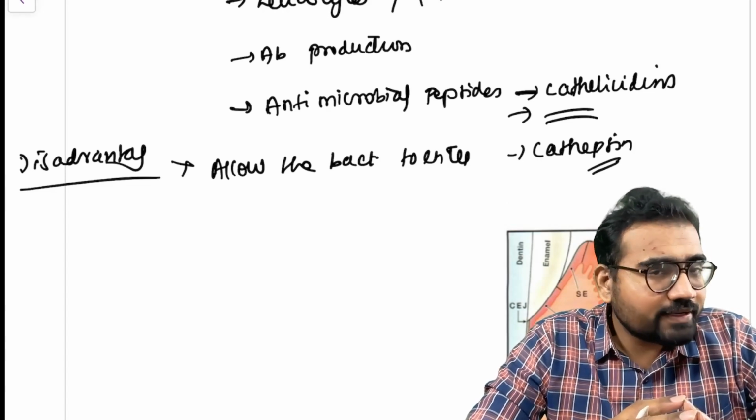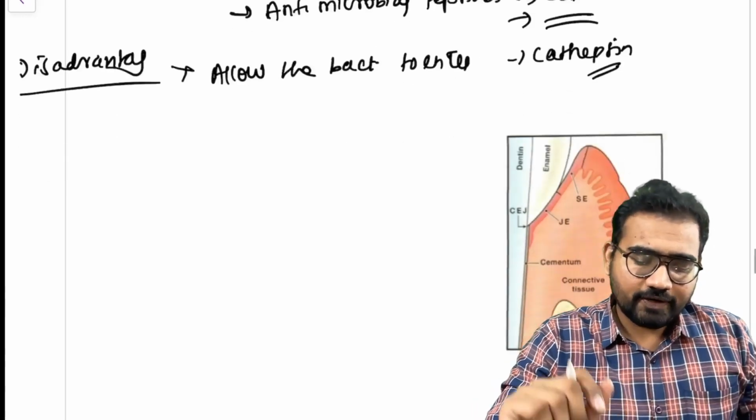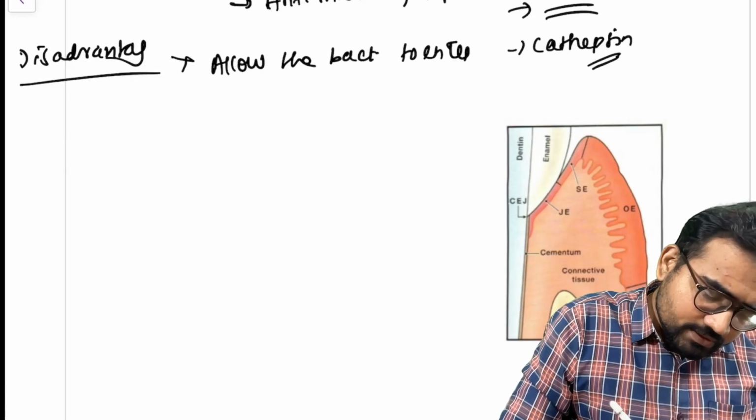Okay, so what are the cytokeratins? K19, K5, K14. Okay, fine. Now coming to sulcular epithelium.